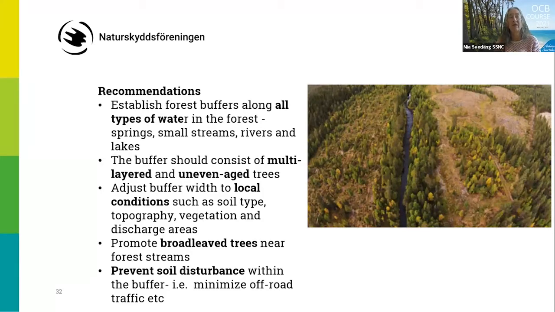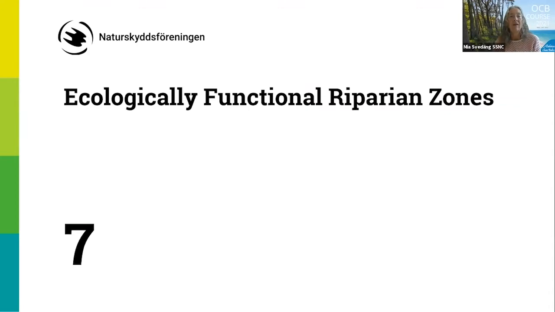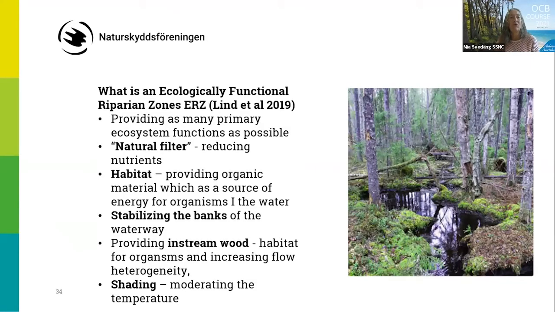It's supposed to be a strip of natural nature that can protect the water alongside the buffer strip. You can also do, if you want to have even more good things from a buffer strip, you can establish ecologically functional riparian zones. So what is an ecological functional riparian zone then?